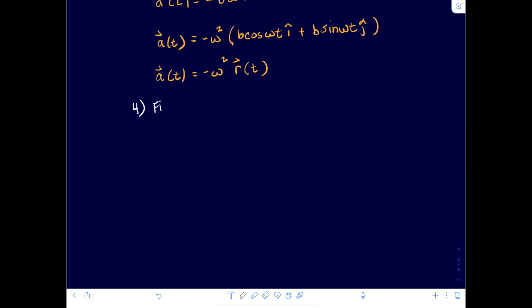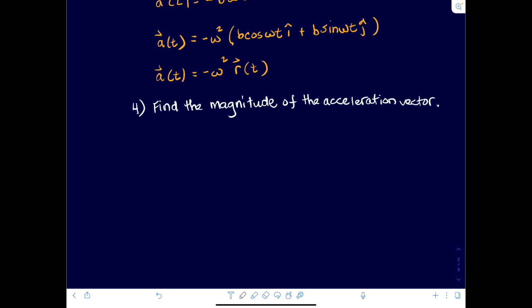So if we find the magnitude, well, what would we be working with?